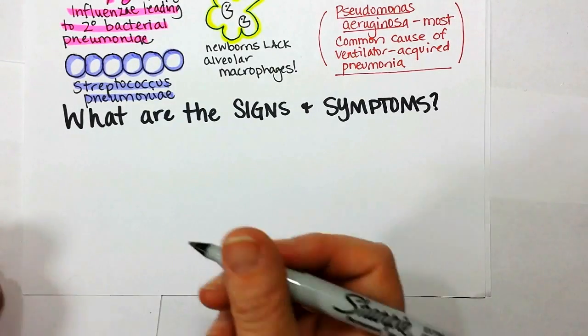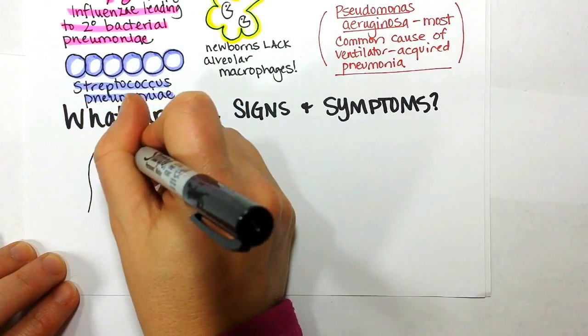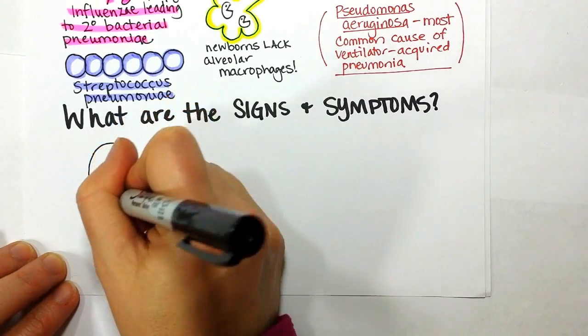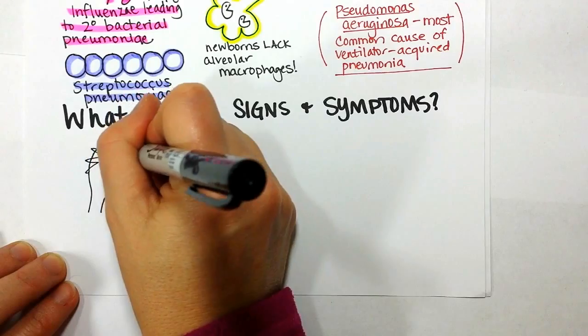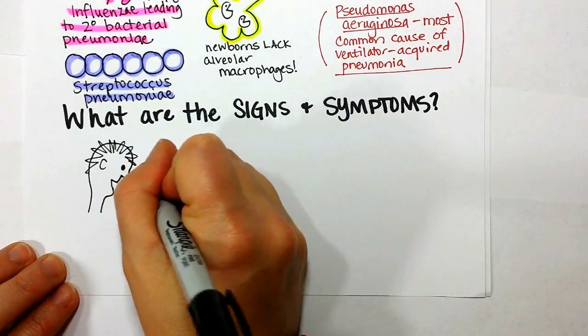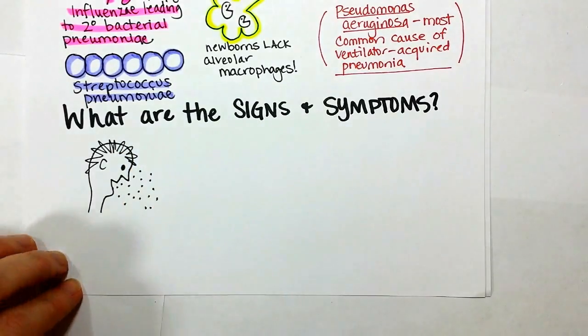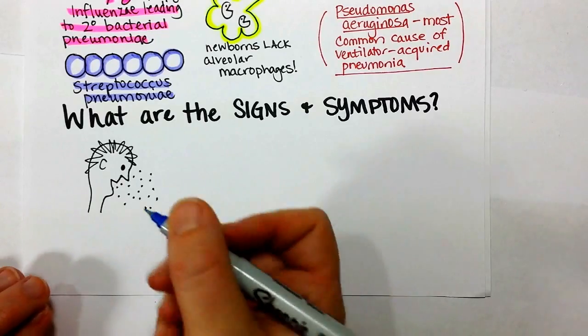The first is a productive cough, which of course can spread the disease, although most healthy people are not going to be susceptible.